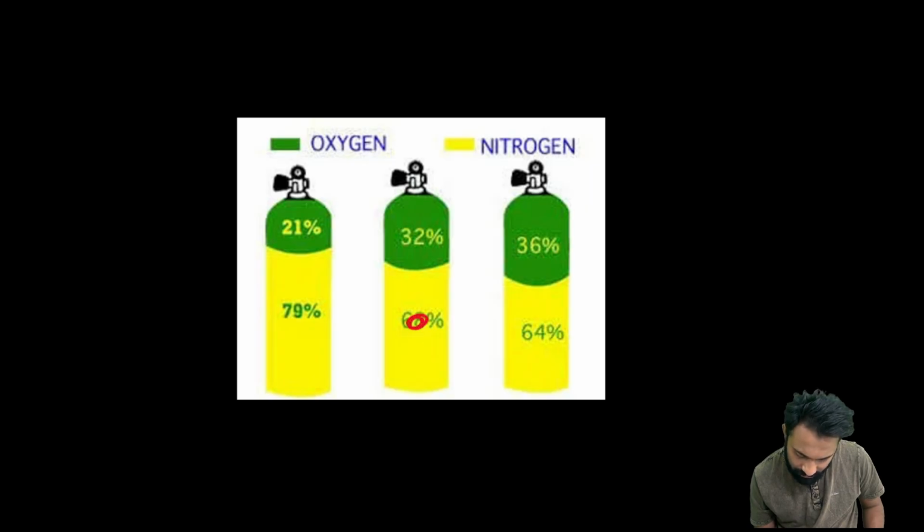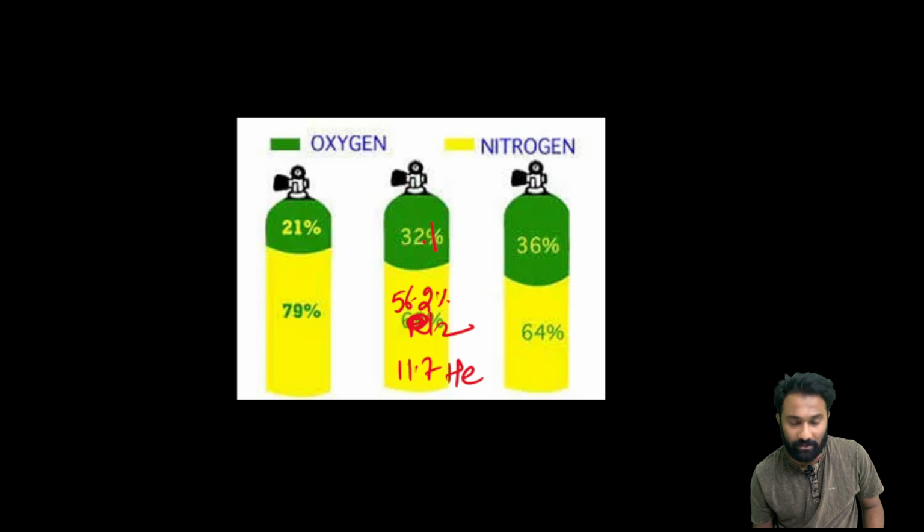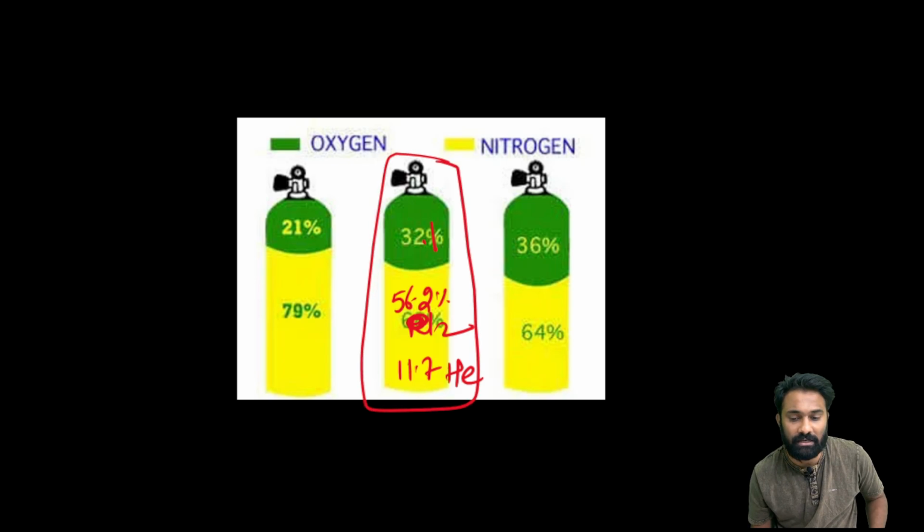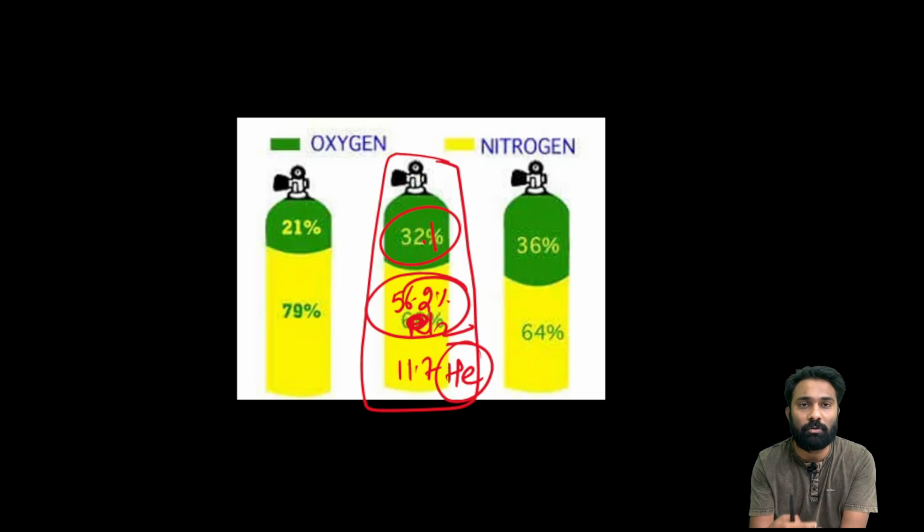How much oxygen will they fill? Approximately 32.1% oxygen, 56.2% N2, and 11.7% helium. Clear? When scuba divers take the cylinder, the oxygen is very diluted, very less concentrated, and the other two are inert gases. Inert gases will not allow the gases to be more soluble in our body.